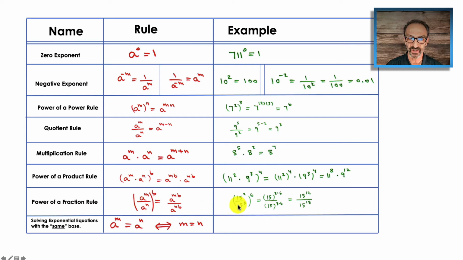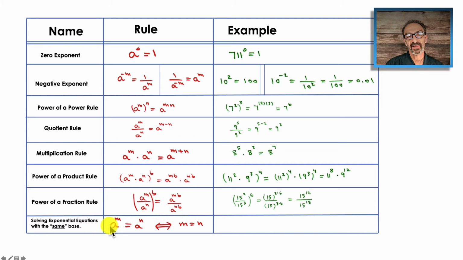We keep them as a fraction. 6 is outside, gets applied to the 15 to the second, and gets applied to the 15 to the third. In multiplication, 2 times 6 is 12. 3 times 6 is 18. We could go further here and subtract 12 minus 8 as a quotient rule, but let's leave it right there, just to show how we apply the main formula. We'll leave the details to the coming examples.